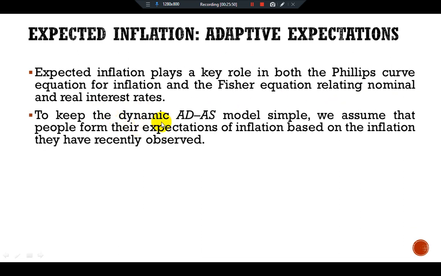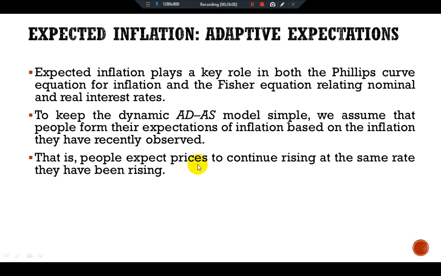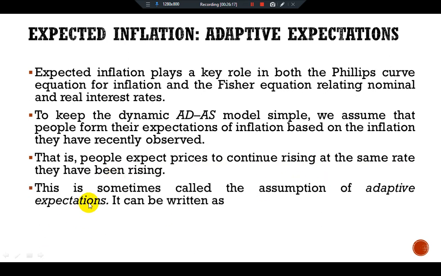Okay, to keep the dynamic aggregate demand and aggregate supply model simple, we assume that people form their expectations of inflation based on the inflation they have recently observed. That is, people expect prices to continue rising at the same rate they have been rising. Okay, this is sometimes called the assumption of adaptive expectation.